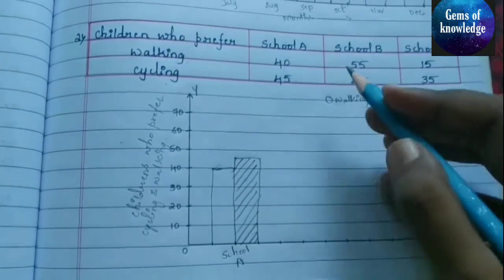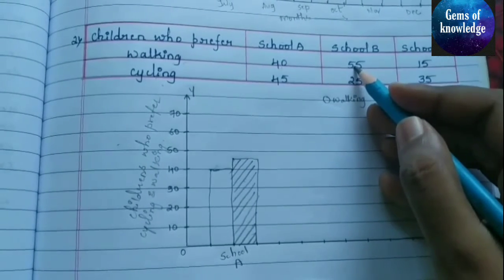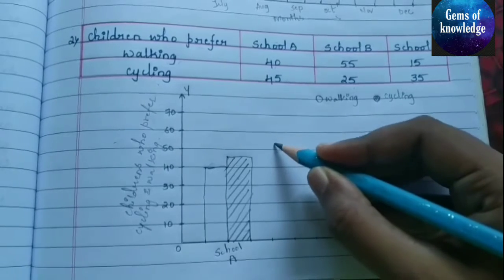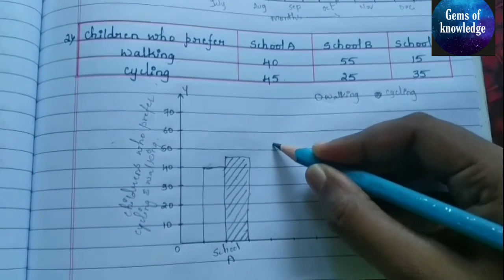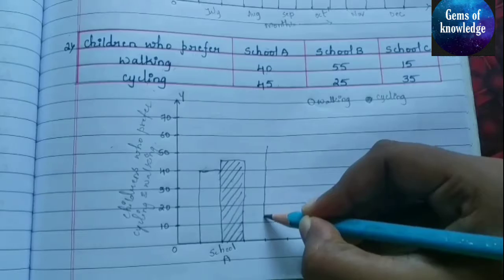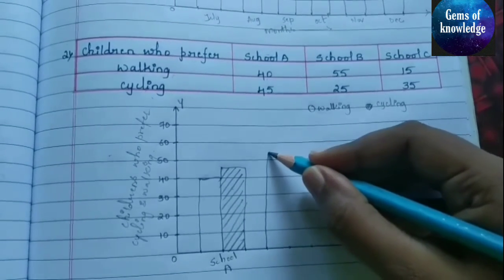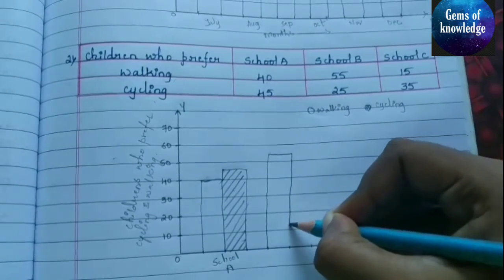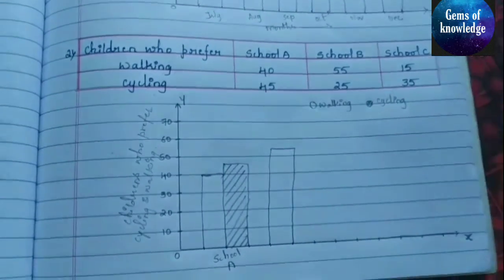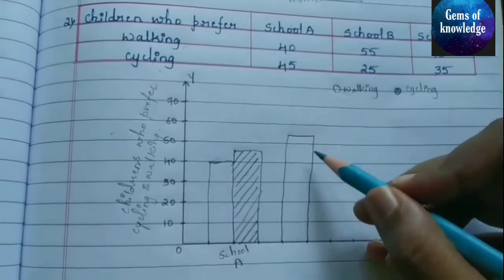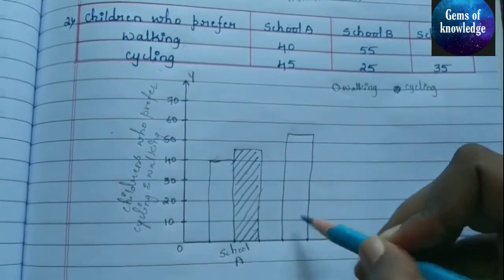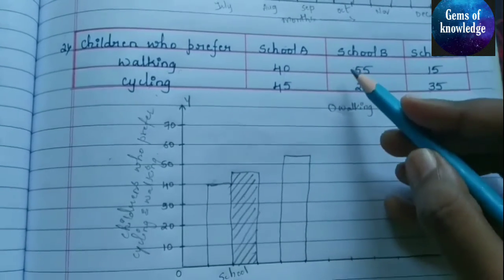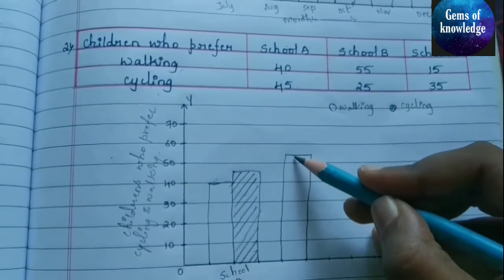School B prefers walking for how many students? 55 students. So 55 comes between 50 and 60, somewhere here in between. This line shows that walking is preferred by 55 students.